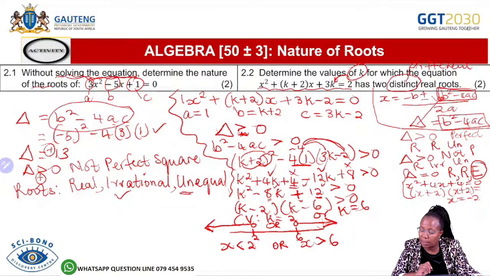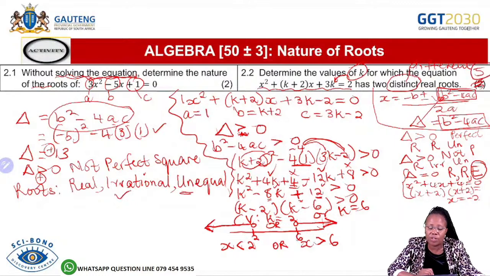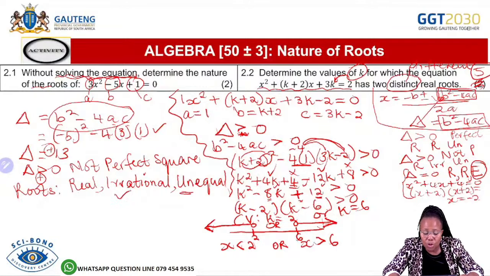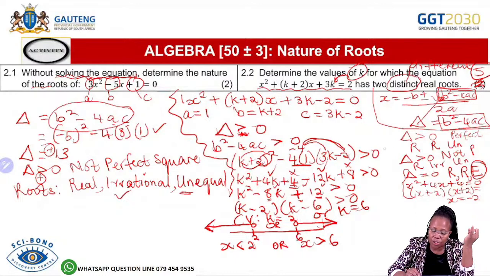Okay, and then the allocation of marks: no, this is a typing error. This is 5 marks. There's no way you can do such a huge job and only get 2 marks. So the allocation is 5 marks. The first mark is for bringing 2 to the left, writing in correct order.